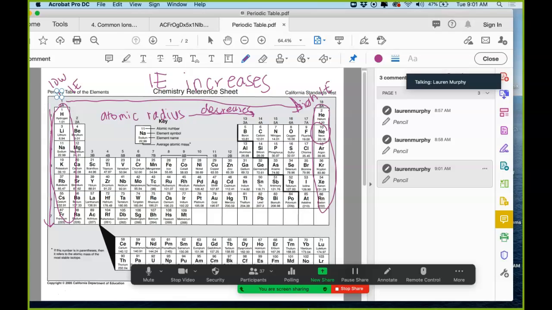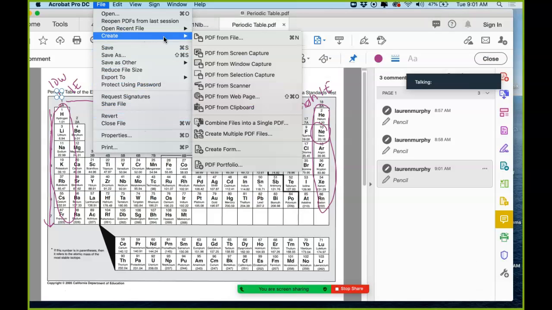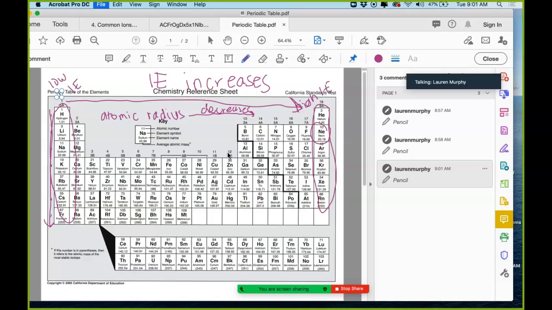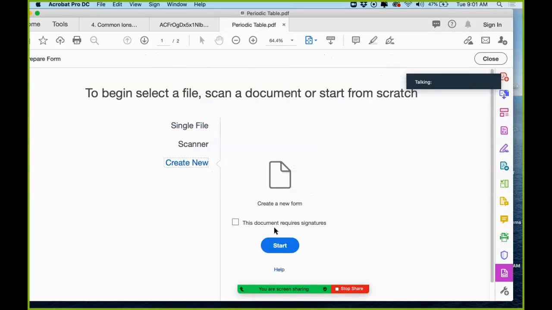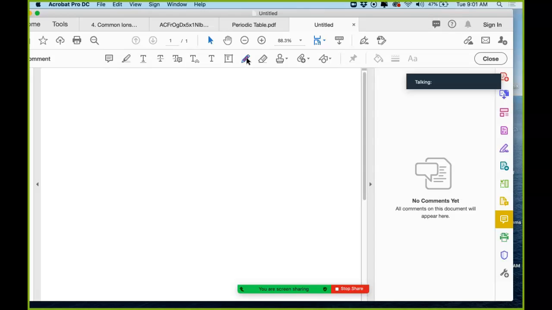So ionization energy. So I'm going to just draw a new one. All right. So look, we'll just do the alkali metal family.